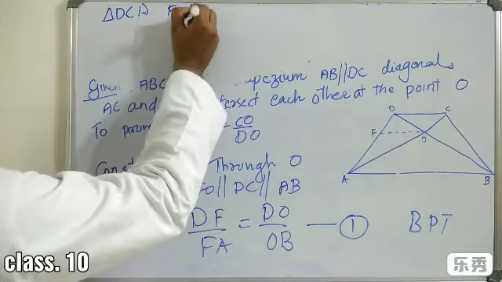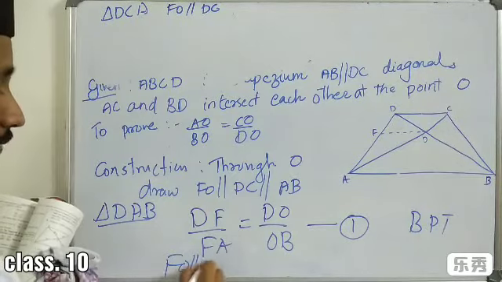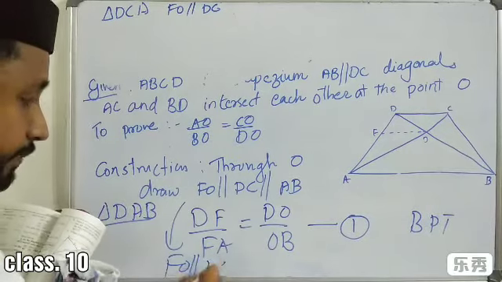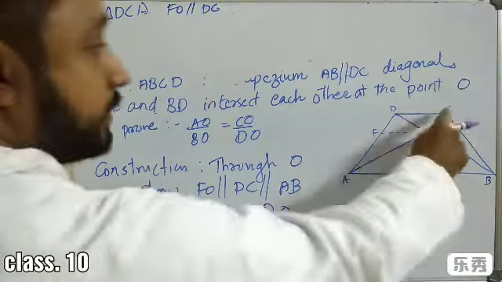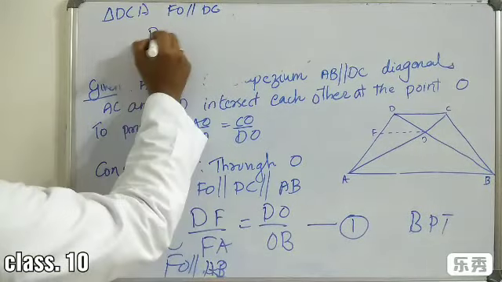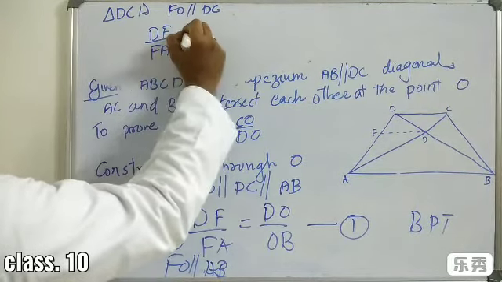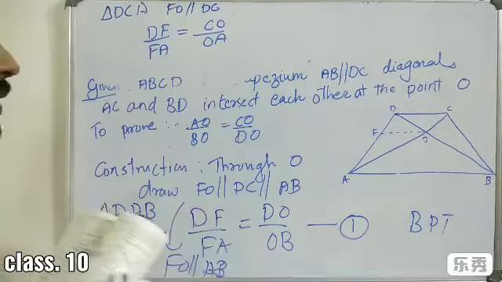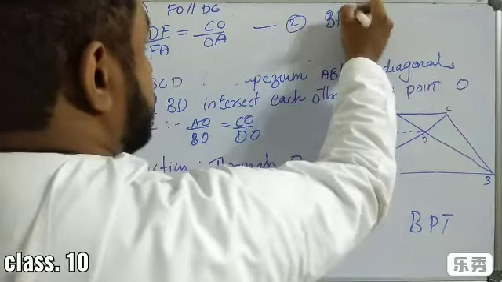Now applying the basic proportionality theorem, DF by FA is equal to CO by OA. This is equation number 2.